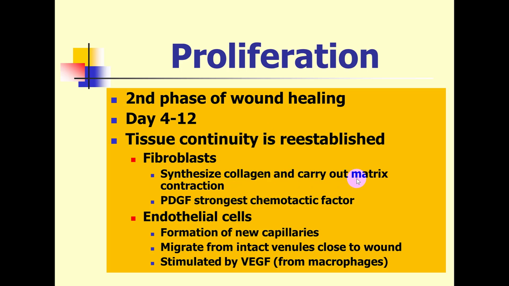Fibroblasts synthesize collagen and carry out matrix contraction. This is responsible for the rebuilding of the tissue. Endothelial cells form new capillaries, regenerating the network of blood vessels to supply this region, with migration of intact venules to close the wound and stimulation of VEGF from the macrophage.